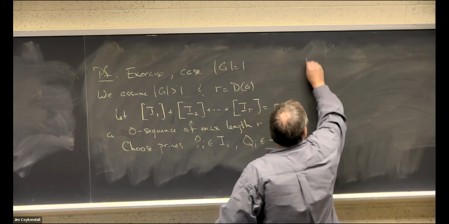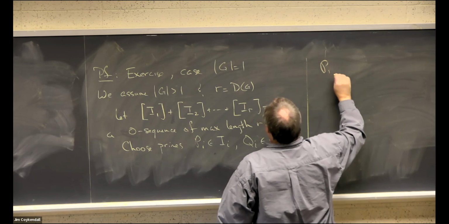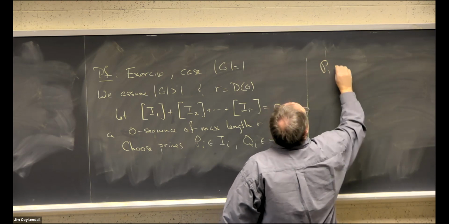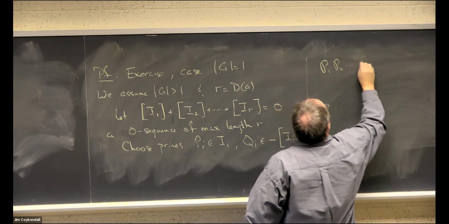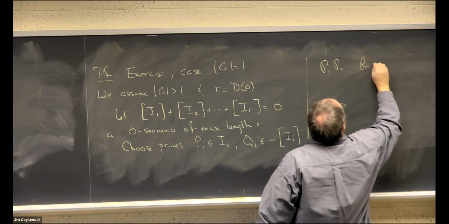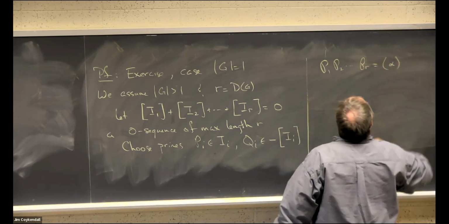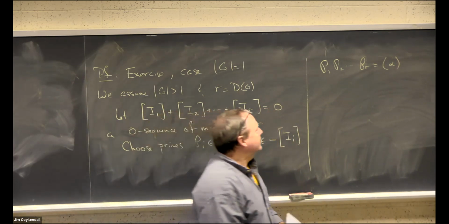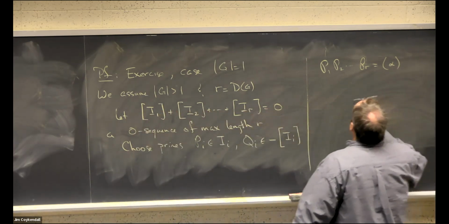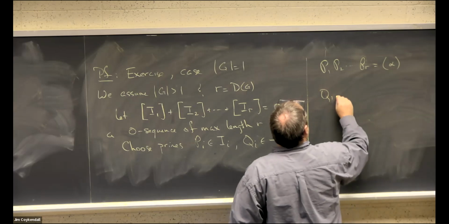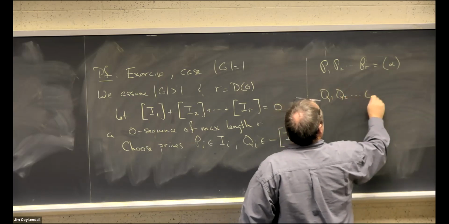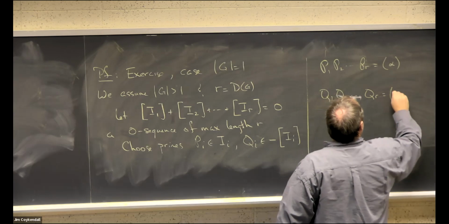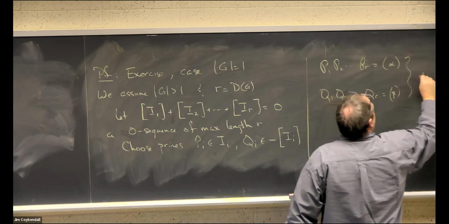Notice that P1, P2 up to PR, this is alpha, and let's do this Q1, Q2, up to QR, beta, and alpha and beta are irreducible.